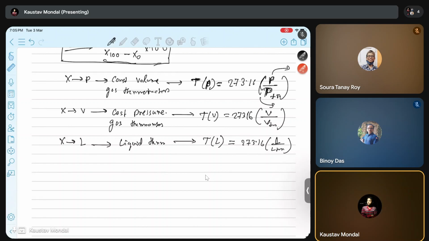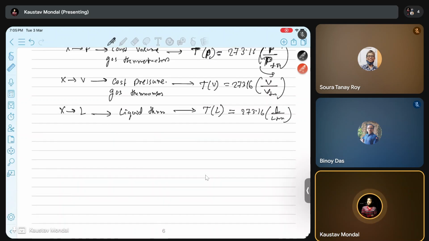Lastly, there is also another thing, that is the resistance. You can also use resistance as a thermometric property, since you know the resistance of a material depends on the temperature of that material. So this is known as the resistance thermometer.